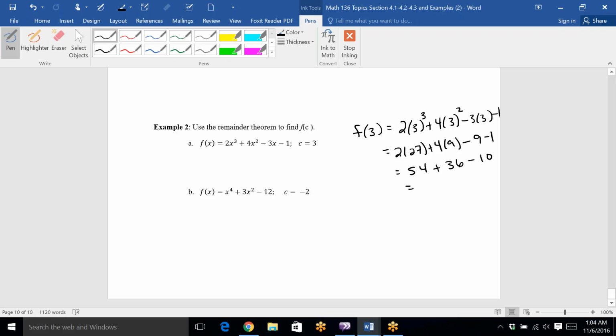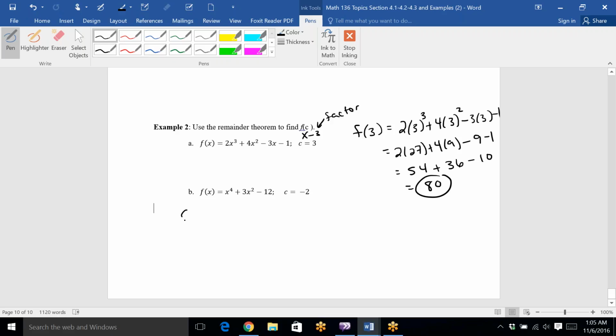So this is 90 minus 10, so this comes out to be 80. So if we were to divide this by x minus 3, which is the factor that goes with this, so if we did long division with x minus 3 into this, we would get this as our remainder.